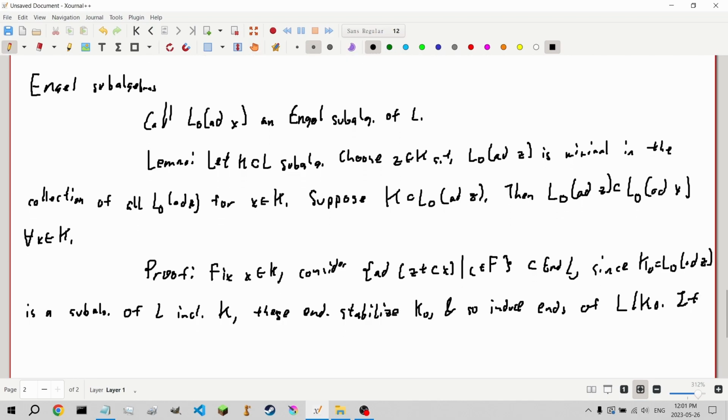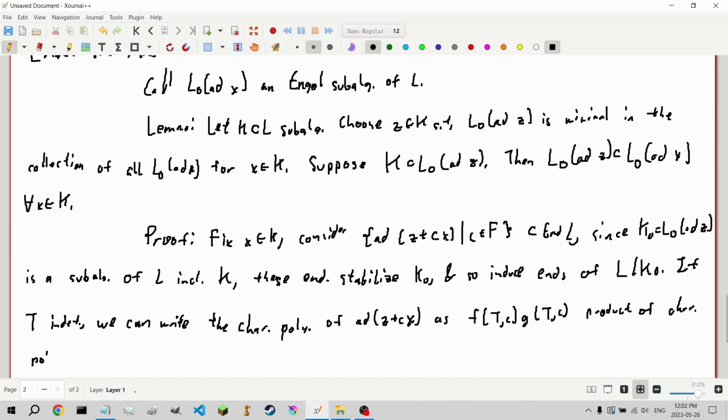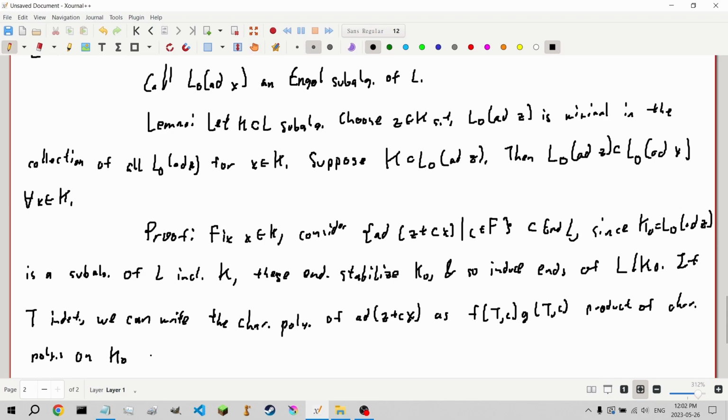If T is an indeterminate, we can write the characteristic polynomial of each adjoint of Z plus C of X as the product of f of T, C and g of T, C, which is a product of characteristic polynomials on our K0 and our L over K0.